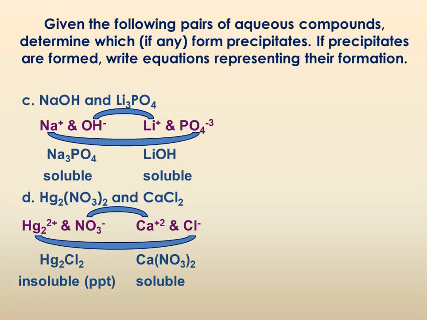So when I write my equation, I would just show the two ions that were used to form the precipitate of mercury(I) chloride, Hg2 2+. I want you to notice I have two chlorines written there because in the chemical precipitate of mercury(I) chloride, I have two chlorines making up that balanced compound. So I need to make sure that my ion charges and the amounts of ions I have make both sides of the equation neutral.